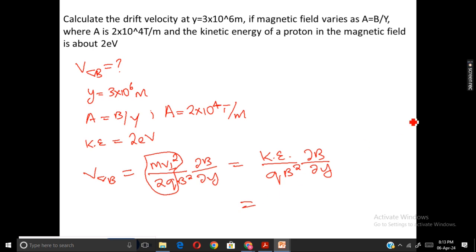Okay, there is a mistake in the question. This is B is equal to A by Y. Sorry, B is equal to A by Y. So B we can calculate from A by Y, and dou B by dou Y also we can calculate.